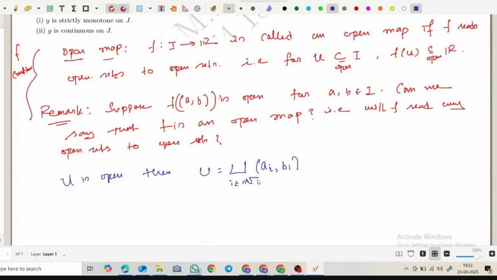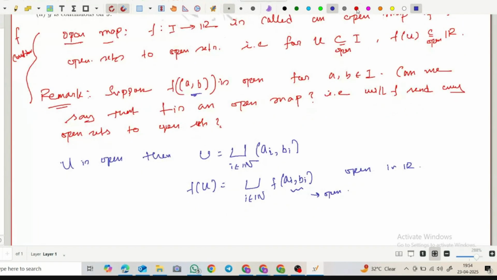Any open set is a disjoint union of countably many open intervals. So once you have that, you can just apply f over that. Since f is injective, this disjoint union will be distributive with respect to f. And all of these are open sets because of this. So f(U) is also open.